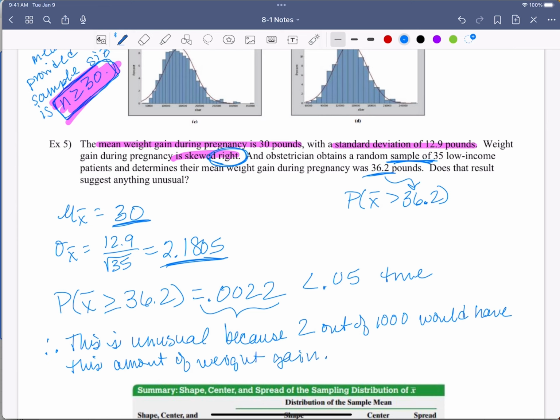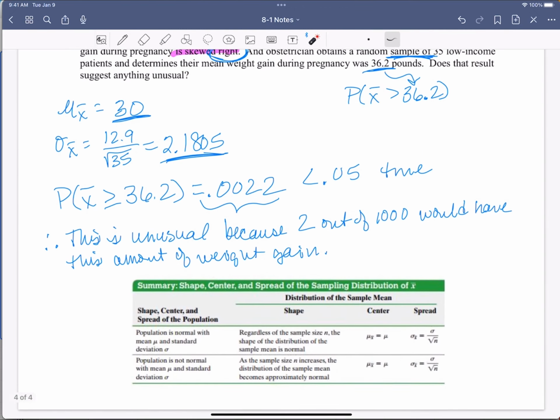Do you see where we get that 2 out of 1,000? 1,000 has 3 zeros. So if I move this 3 decimal places, that would be 2, because it rounds to 2. 2 out of 1,000 because 3 decimal places, because 1,000 has 3, right? So that is unusual, and the fact that this is substantially less than 0.05. All right? It's cool, right?